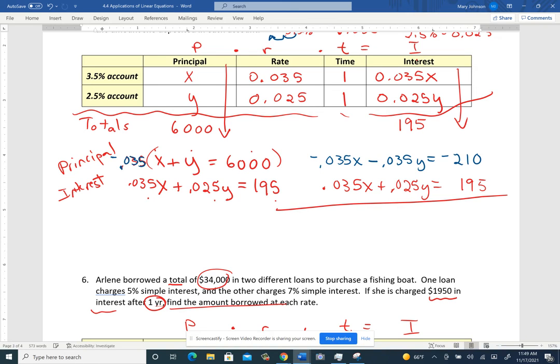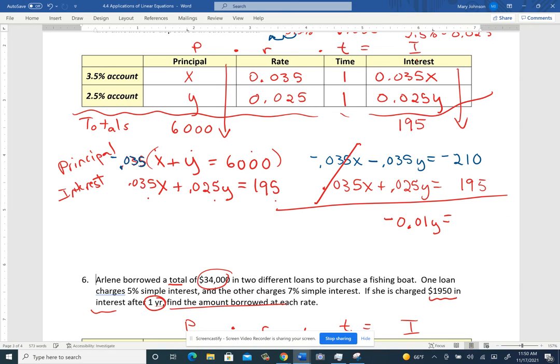Okay. Now I've got it set up so the x's are going to cancel. Then I take the -0.035 and add the 0.025 that's positive, and I get a negative, so be real careful when you write it. It's -0.01y.